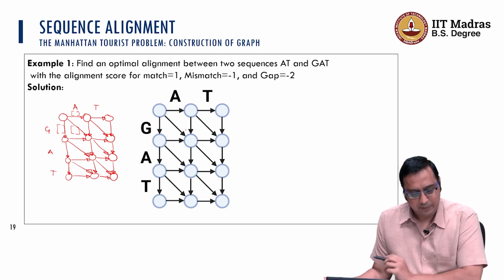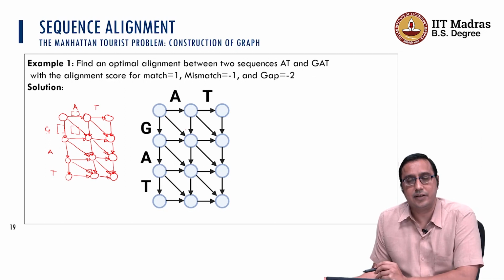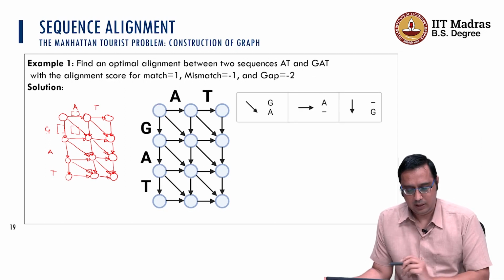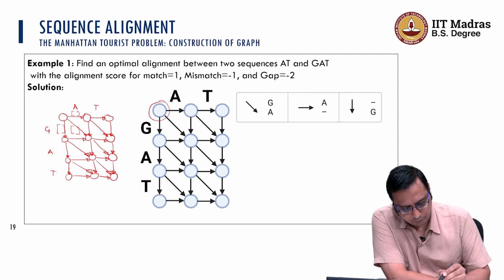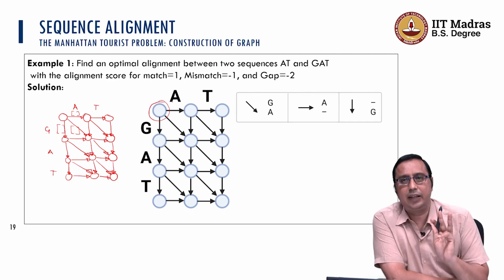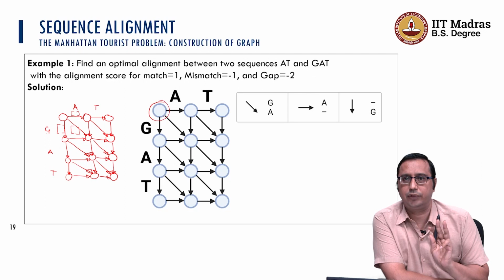And now let me define how the alignment pair is constructed. What does it mean by alignment pair? So here I'll take this particular node, and there are three possibilities, and there are three kinds of arrows.